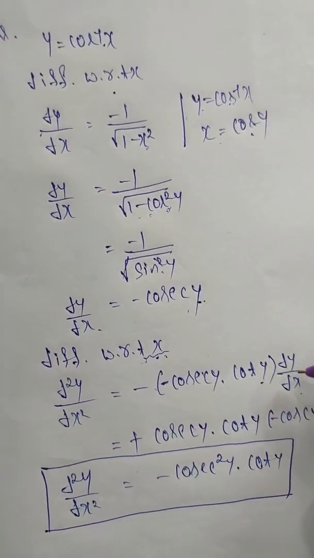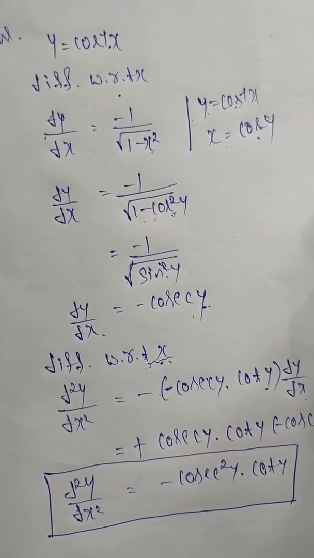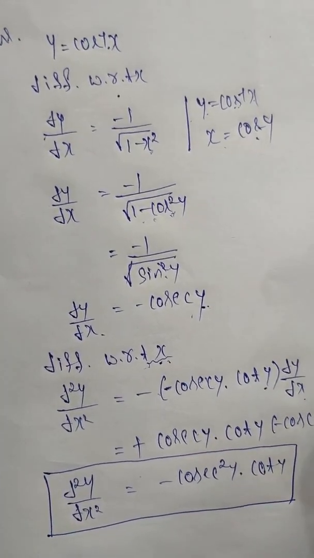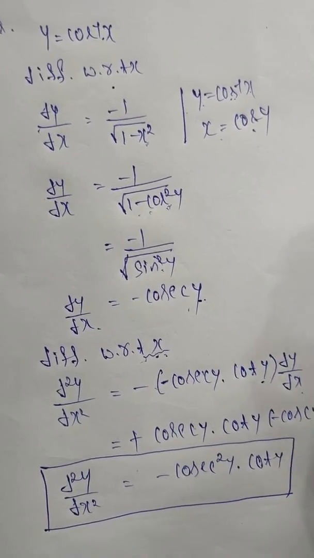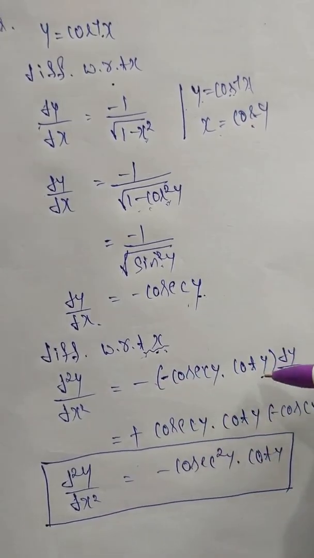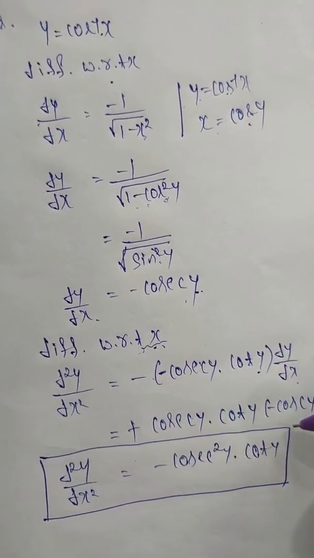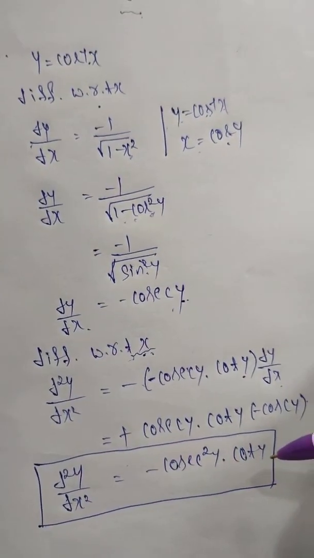Don't forget that point. In the implicit function, I told already, wherever y exists on the differentiation, you write dy by dx there. So here minus will become plus cosecant y into cot y. dy by dx is minus cosecant y. So minus cosecant square y into cot y.